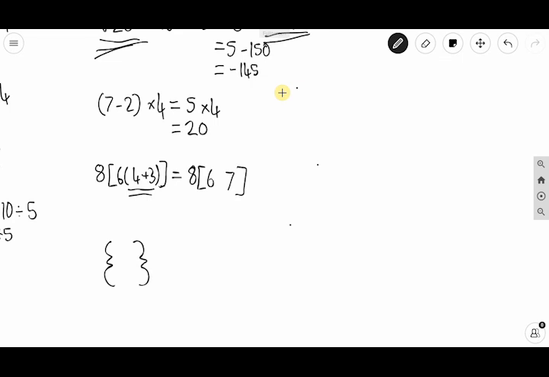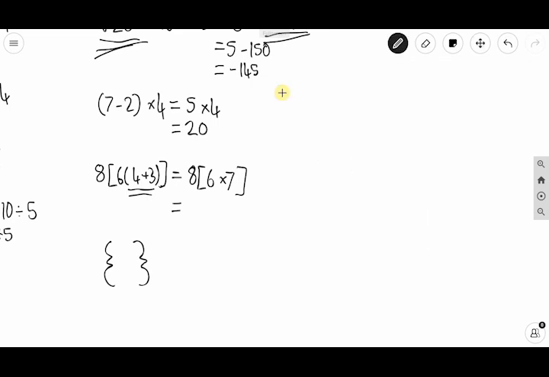But the thing I never told you is, if a number is next to a bracket but it doesn't have an operation sign next to it, like multiplication, division, subtraction, and addition, then we just multiply it, because it's already implied that once a number is outside a bracket you just multiply it, and that would be the same with 8 when we get to it.